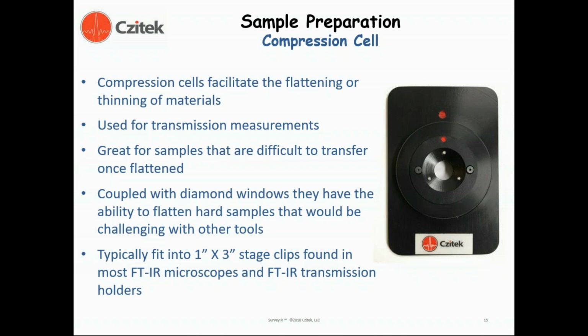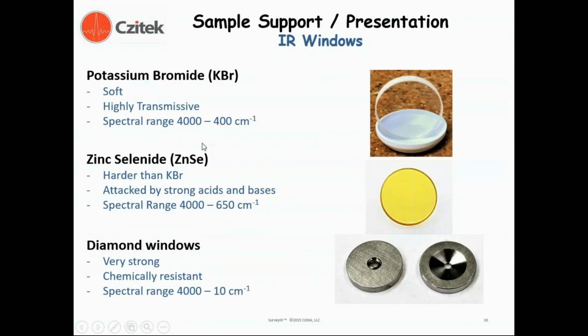In transmission, it can be easier to prepare samples of appropriate thickness because you only have one path through the sample. Typically layered samples are measured in transmission, and many times paint chips and so on are measured in transmitted light illumination as well. Transmitted light infrared spectroscopy, I should say.